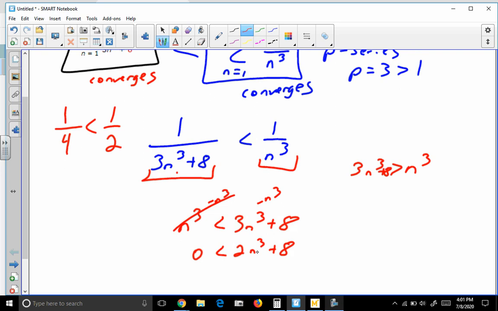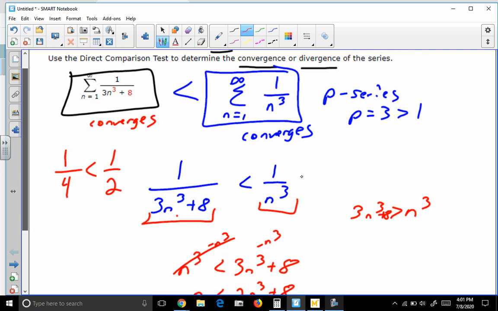Since n is positive, a positive number cubed is positive, times 2 is positive, plus 8 is positive. So this is always greater than 0 because it's a positive number. So we've shown that that's true. Since that one converges, this one converges as well.